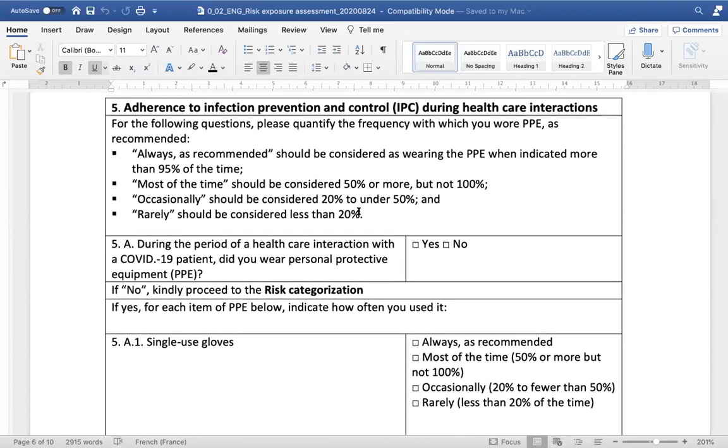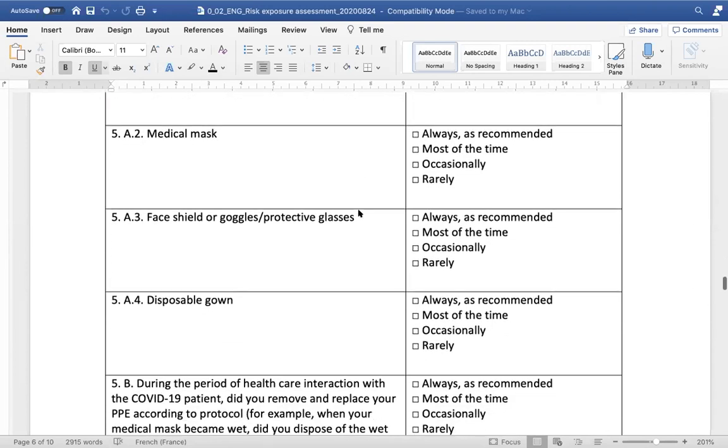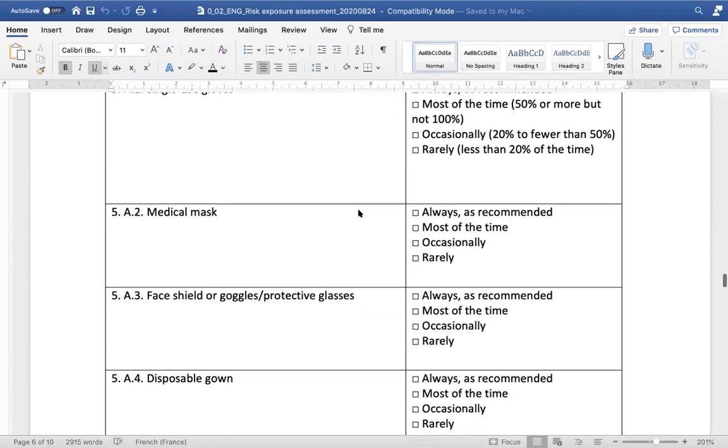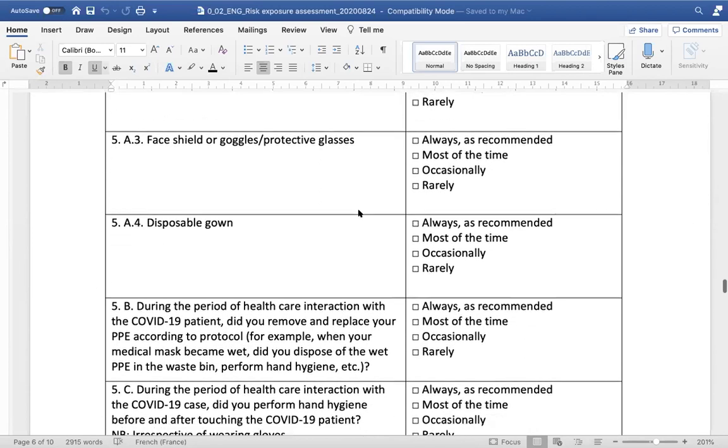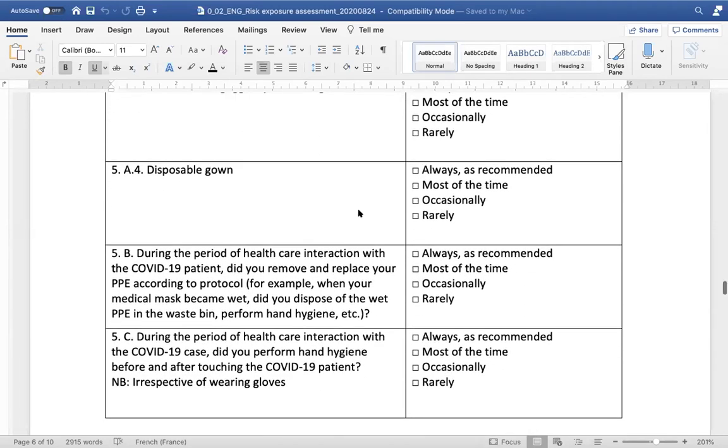So next, we want to know about the duration period of a healthcare interaction with a COVID patient, and how you are using PPEs. So these PPEs have been listed below. Scroll down, please. We have the gloves, the medical mask, the shields, disposable gowns, and so on.